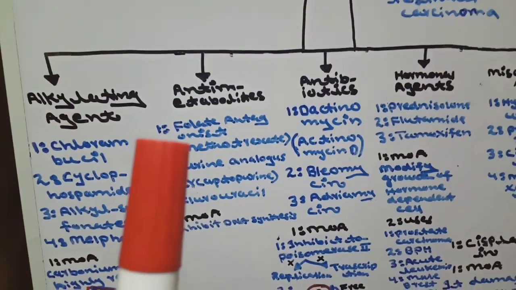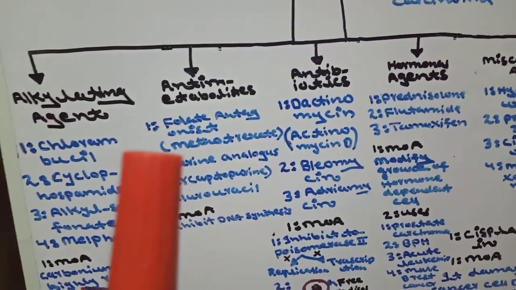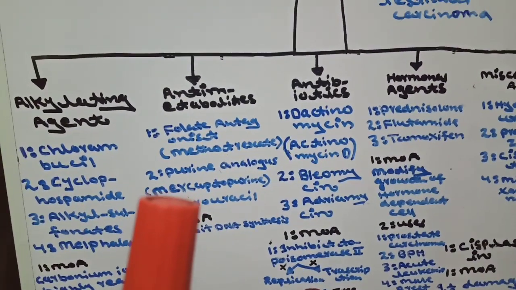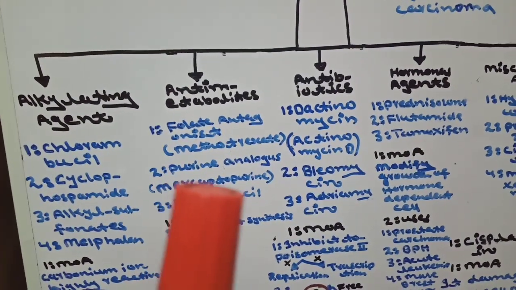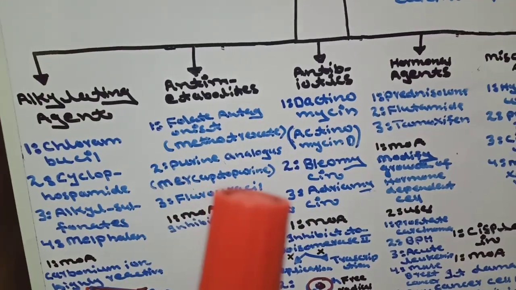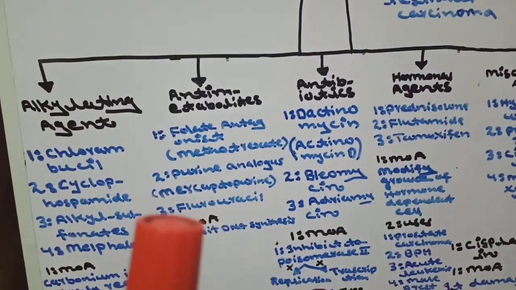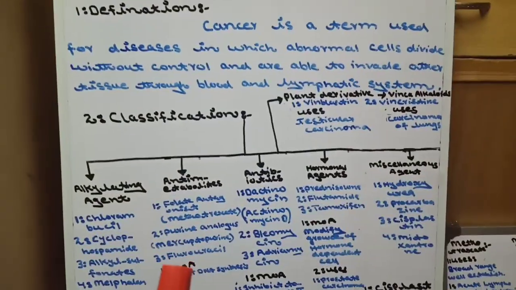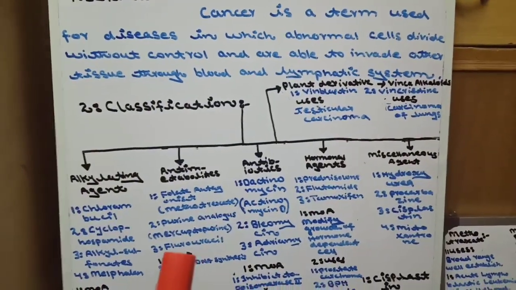Number 1 is the folate antagonist, methotrexate. Second is the purine analog, which is mercaptopurine. The third is fluorouracil.